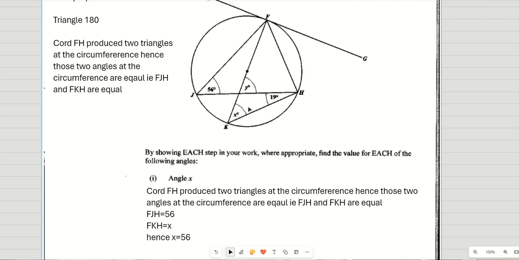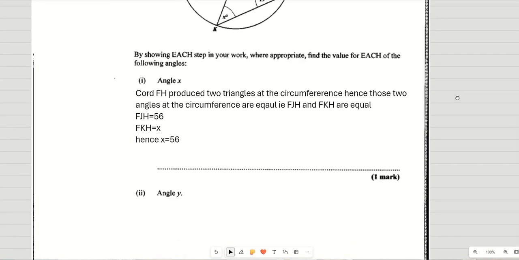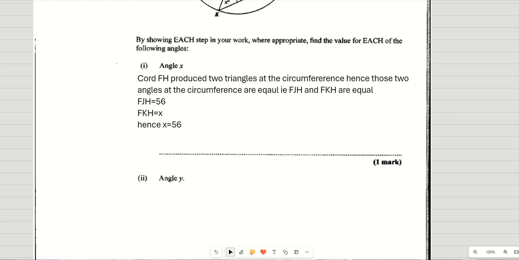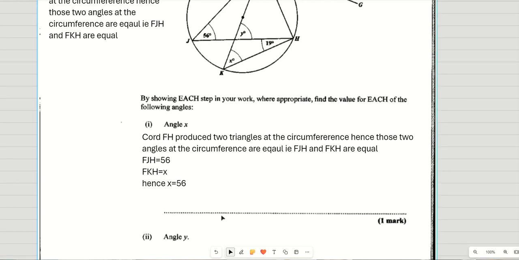Angle y. Now if we found out this angle here and we want y, we can clearly see there's a straight line. A straight line is how many degrees? 180 degrees. Let me just write it so that you guys can see. So this here is 56.